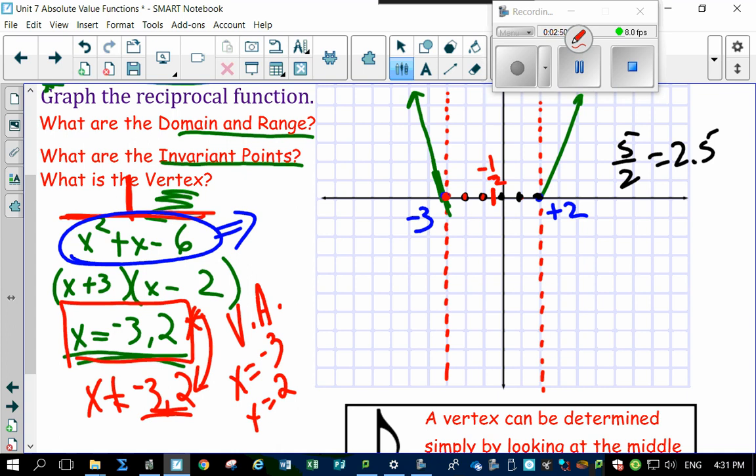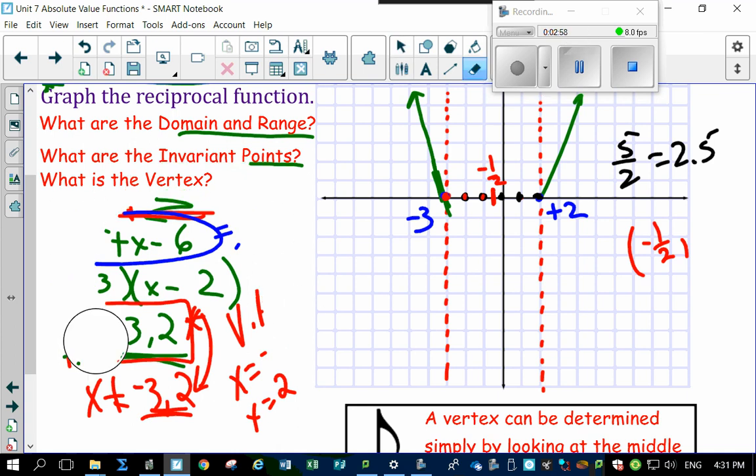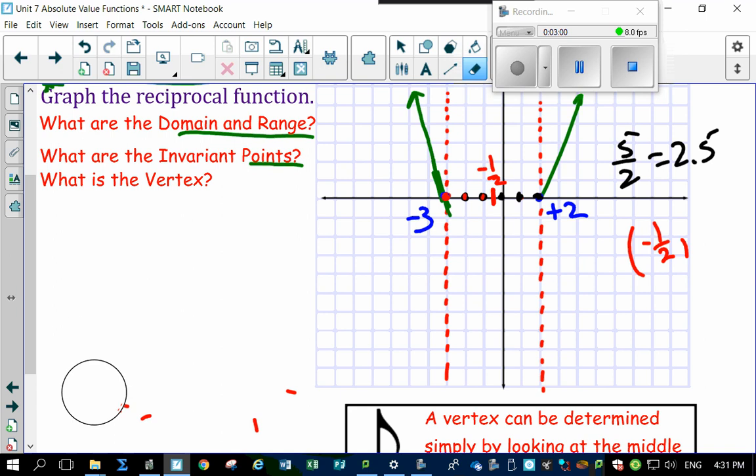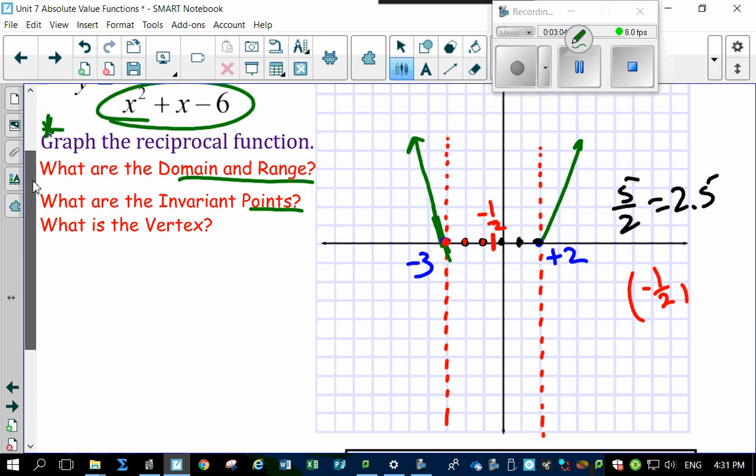There's our vertex. So with our vertex at minus a half, we can just plug that value back into our calculator. And let me clean this up here for you and let me show you what I mean. Go back to the original equation, which was x squared plus x minus 6, and pop in a minus a half for each one of these.